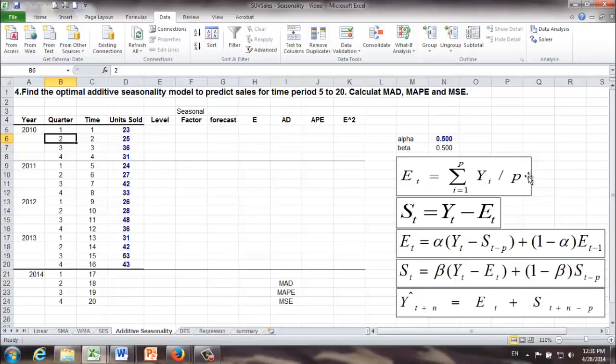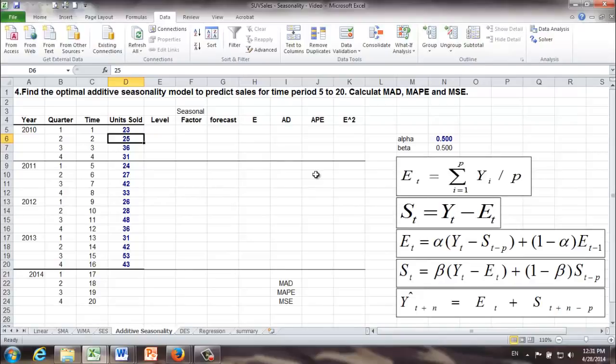And that's where P comes into play. P here is nothing but the number of time periods in a cycle. Most of the time, a cycle is 1 year. Here, the time period is quarter, and 1 year has 4 quarters. So P is equal to 4 in this case.